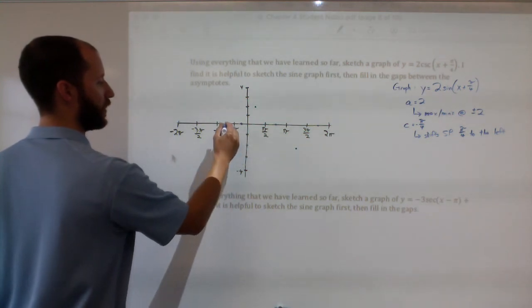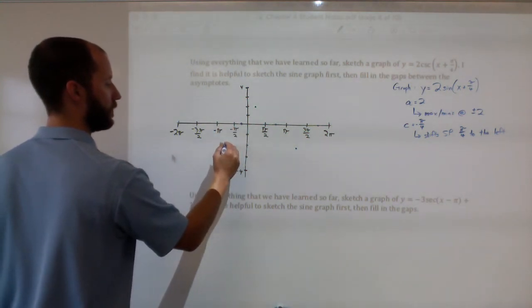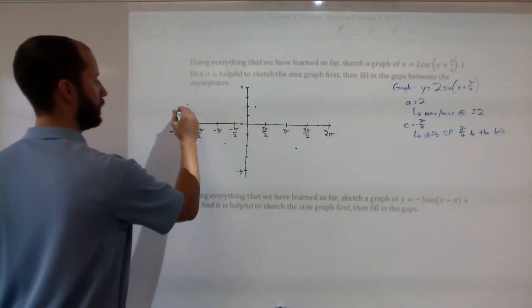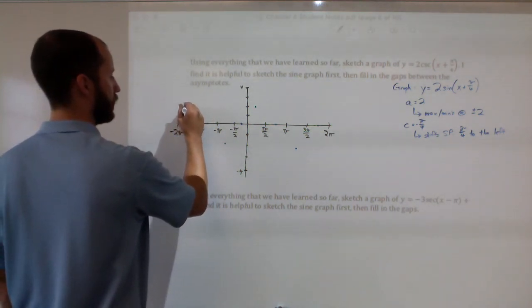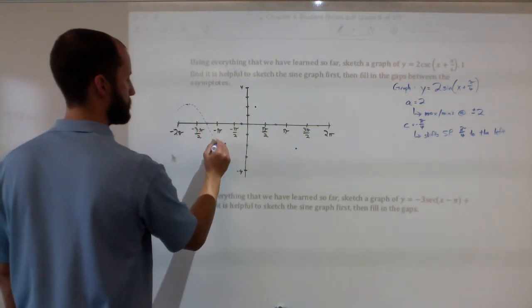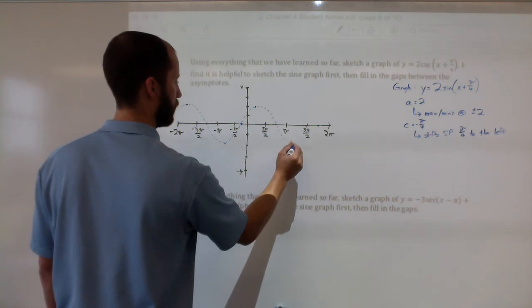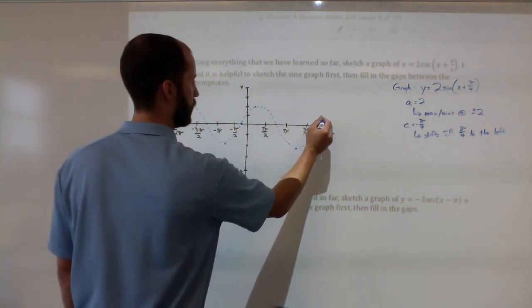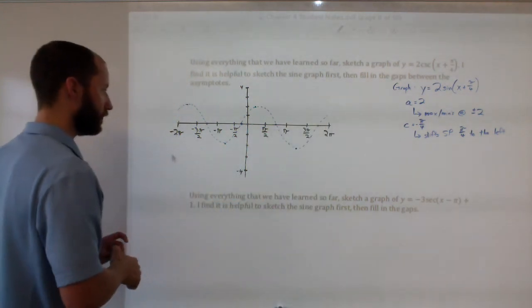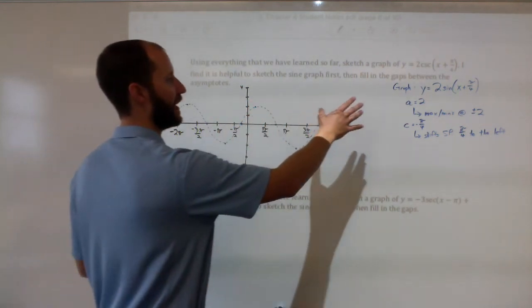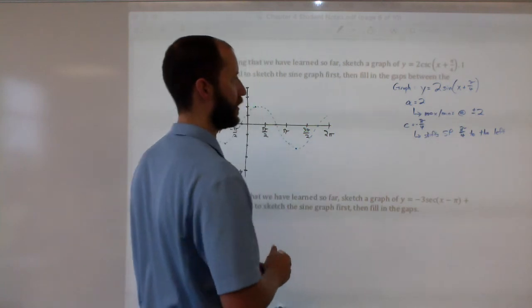In between these quarter values, I'm at a minimum, 0, a maximum. So there we go. That is my sine graph. That would be the sine graph for these transformations.